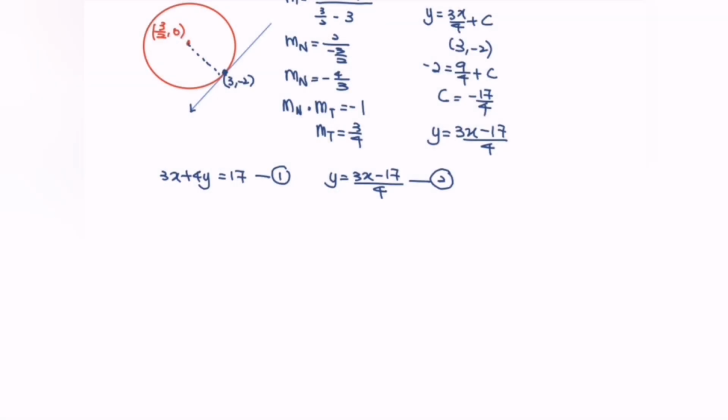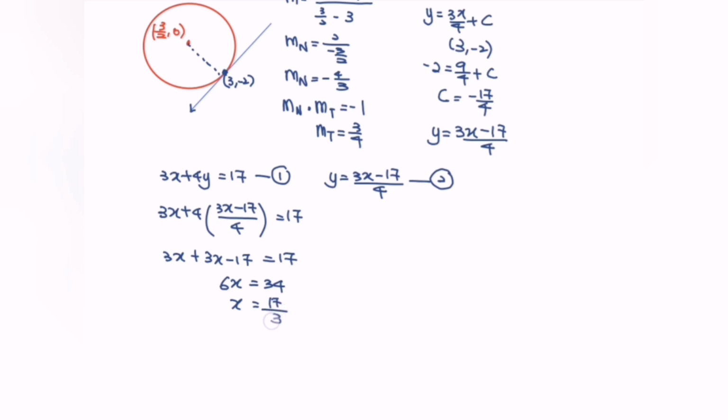Kindly substitute the second equation into the first equation. So we will have 3x plus 4 multiplied by (3x minus 17) over 4 equals 17. Simplify the situation: 3x plus 3x minus 17 is equal to 17. Finally, we have 6x equals 34 and x is equal to 17 over 3.